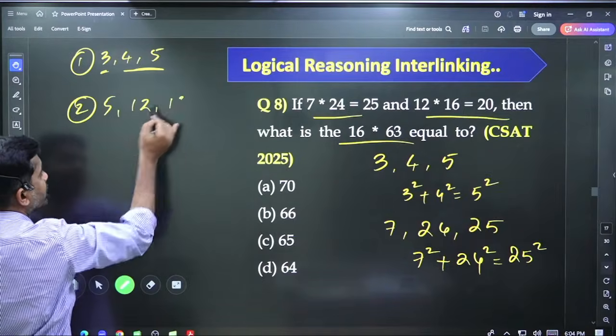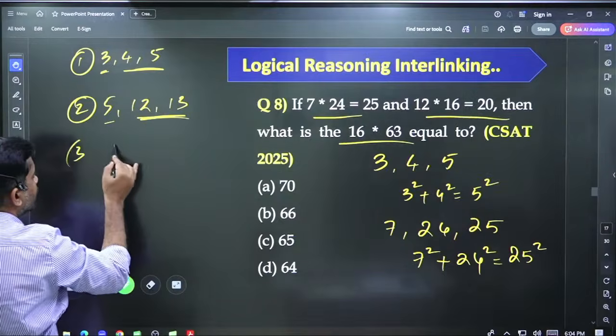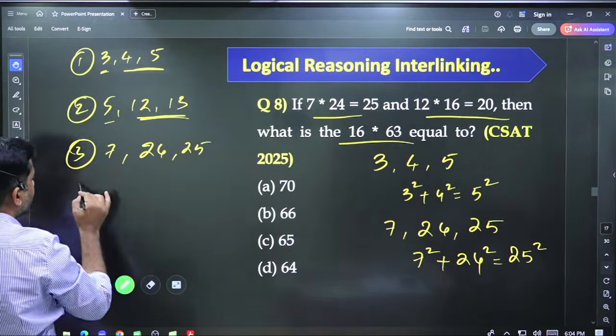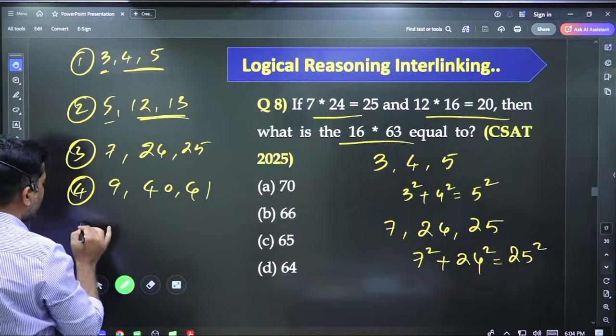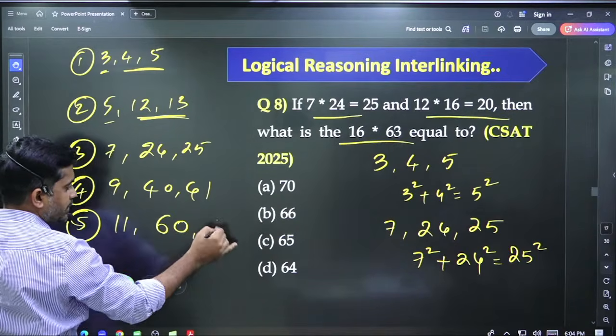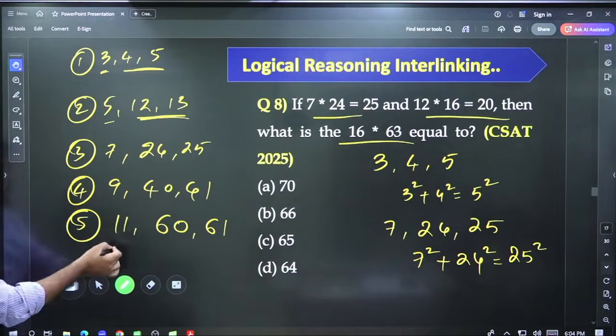What is 5 square? 25, which is 12 plus 13. 7 square is 49, means 24 and 25. 9 square is 81, means 40 and 41. 11 square is 121, 60 and 61. This way you can remember. The first number should be odd.